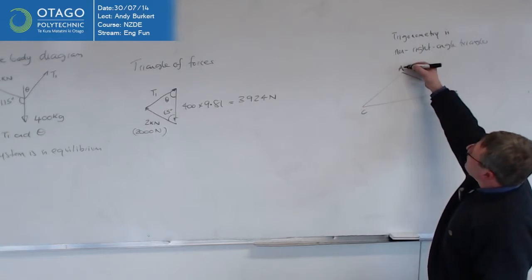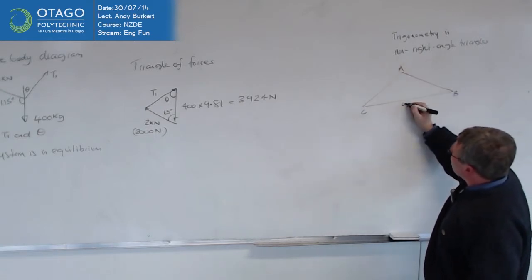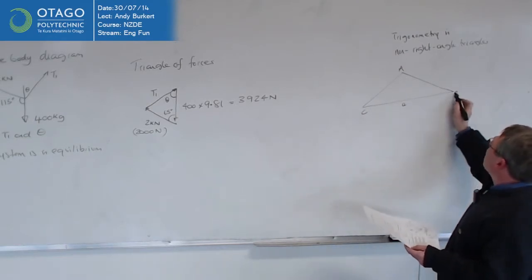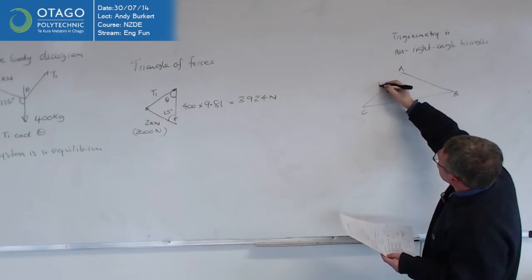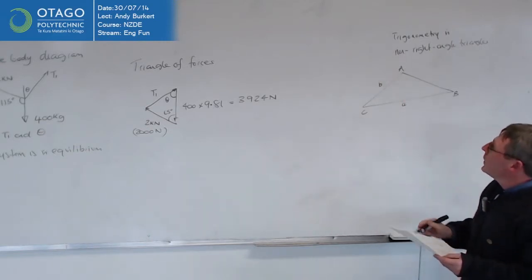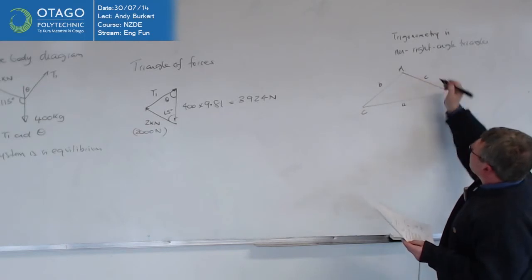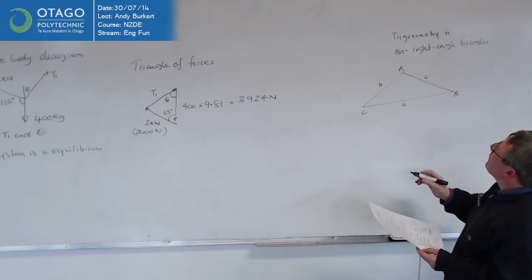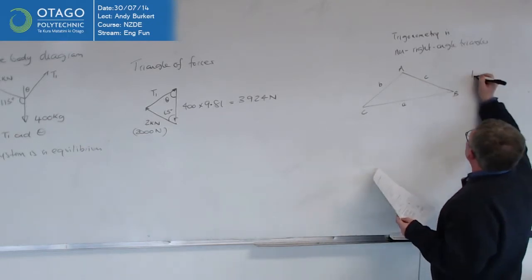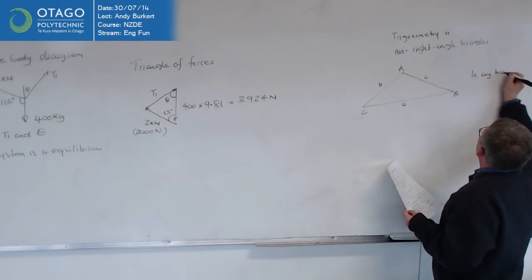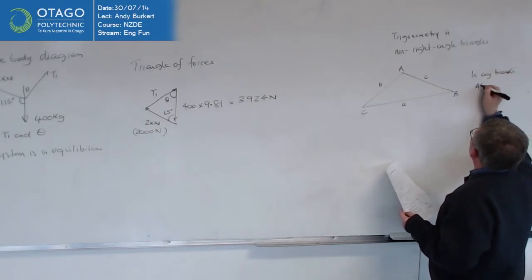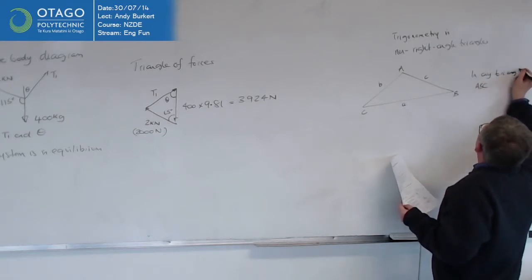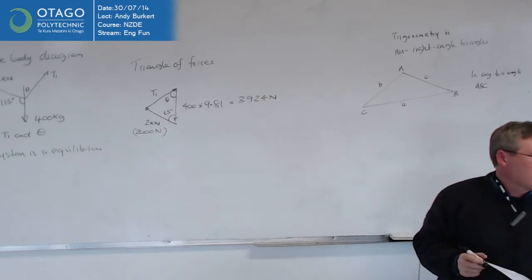So if that's angle A, the side opposite is called side A, and we use a lowercase instead of the capital. So here's angle B, so the opposite side is side B, and there's angle C, and opposite would be side C. Okay? So in any triangle A, B, C, we have two rules. We have the sine rule and the cosine rule.